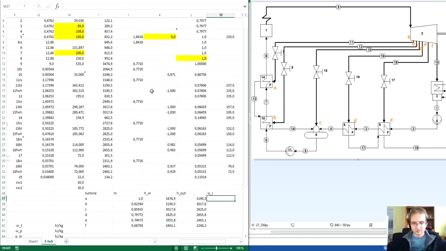And now we can calculate the power output of each section of the turbine by multiplying the mass flow rate times difference in enthalpy, inlet minus outlet.